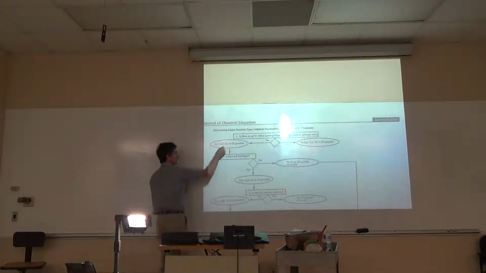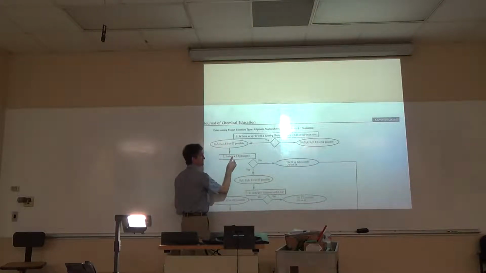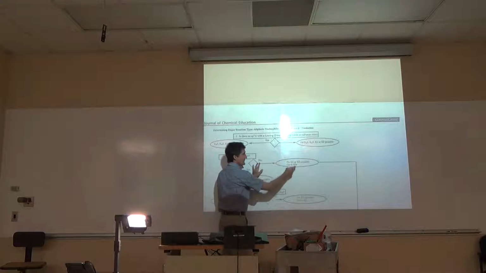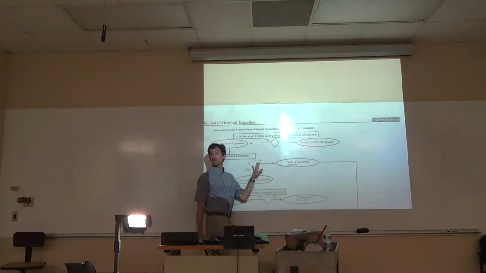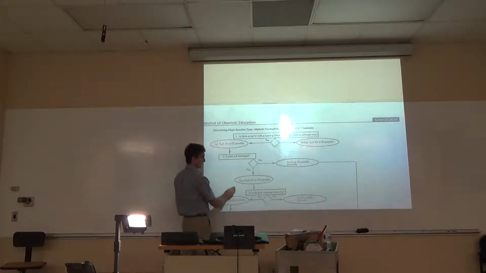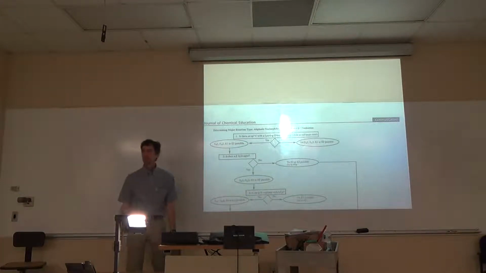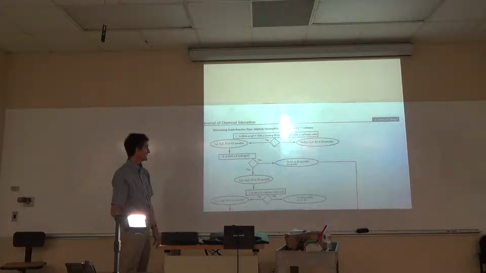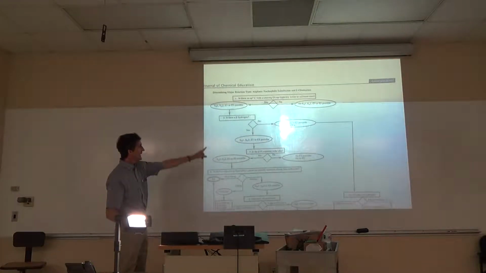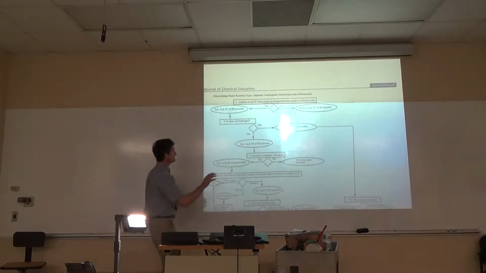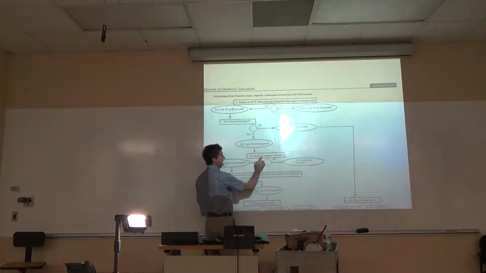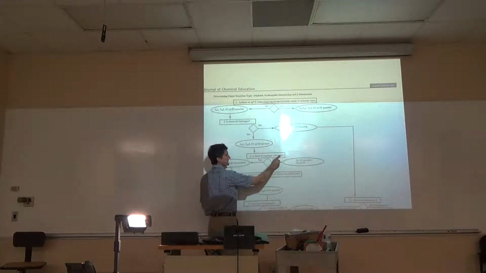Next question you could ask: is there a beta hydrogen? Because if there's not, you're not doing an elimination reaction. If there is, well, then they're all still possible. Which route do you want to keep going on? If you go here: is the beta hydrogen coplanar with the leaving group? Now they're doing LGP, I just do LG.